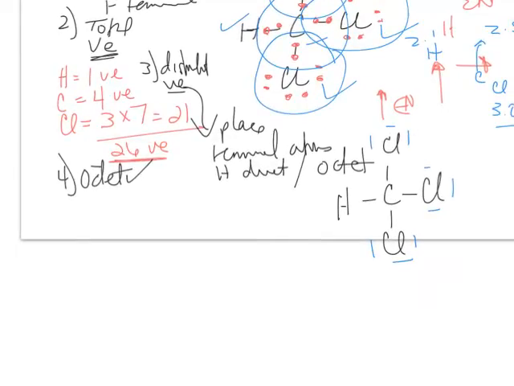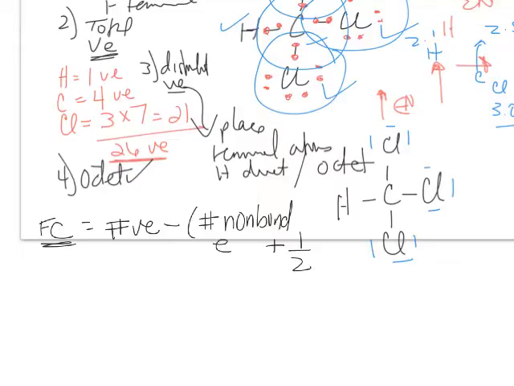Your formal charge formula, which you do for each atom, equals the number of valence electrons minus the number of non-bonding electrons plus 1/2 of the number of bonding electrons. So let's do hydrogen.